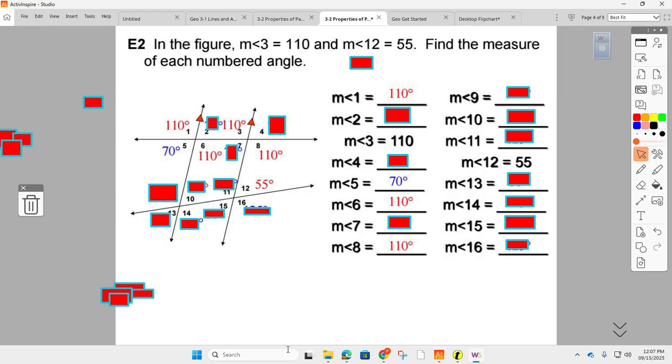What kind of angle pair would angle 5 and angle 4 be? Angle 5 and angle 4. Are they interior, exterior, or one of each? That's where we start. What do you think, Carla? Are they both interior, both exterior, or one of each? So interior, exterior is relative to two lines.